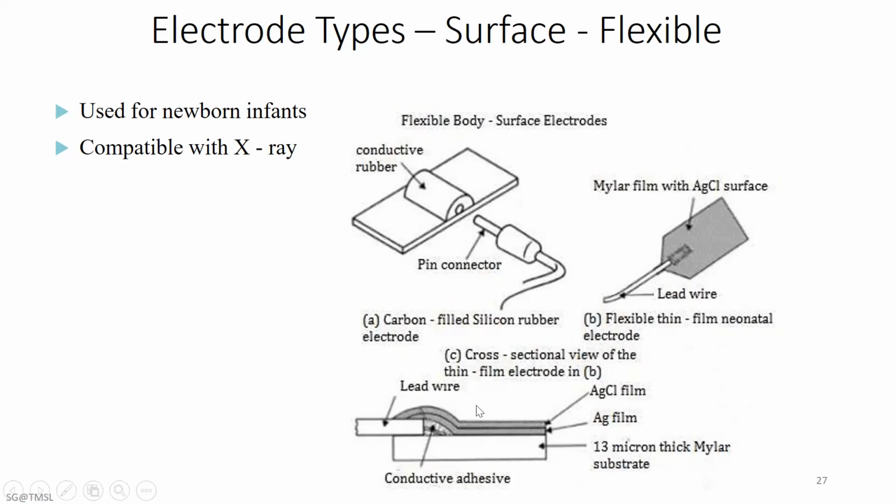A pin connector is used, which is pushed into the lead connector hole. These types of flexible electrodes are important for monitoring premature infants. It is basically for neonatal treatment.